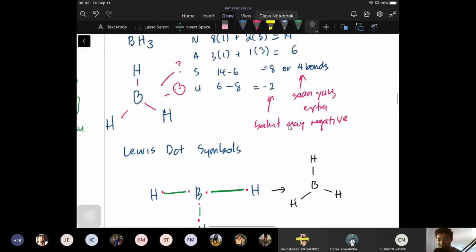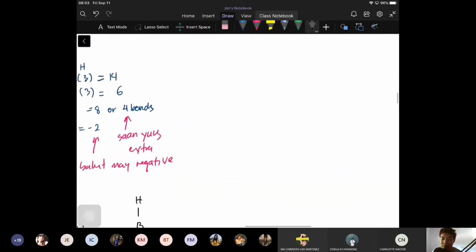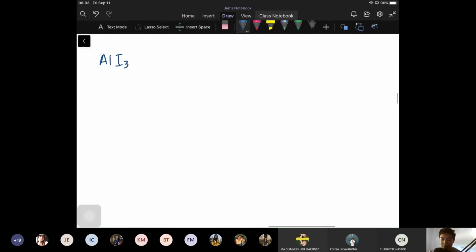Okay? Another example would be this molecule. Aluminum trifluoride. Okay.